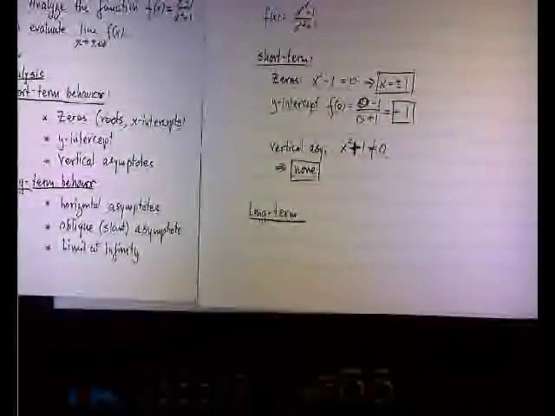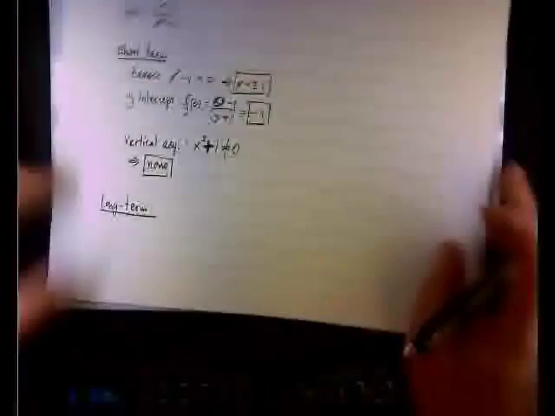In the long-term behavior, we want to find out how the function looks. And you recall from, again, pre-calculus that the limit of the function can be approximated by the ratio of the leading terms.